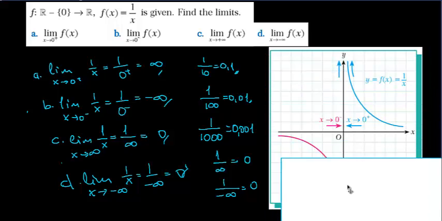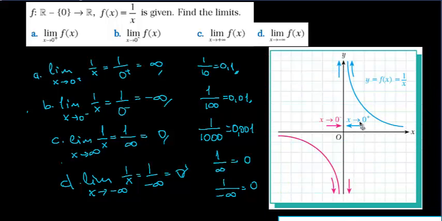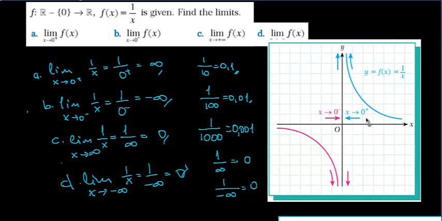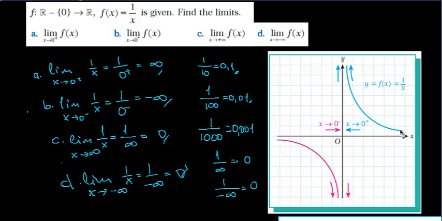Here there is a graph of the function, and when x gets closer to 0 from the positive side, as you see, it goes to infinity, and when it gets closer to 0 from the negative side, it goes to negative infinity. When the function goes to infinity on this side, and when it goes to this side, as you see, the function is getting closer to this number, the x value here is 0.